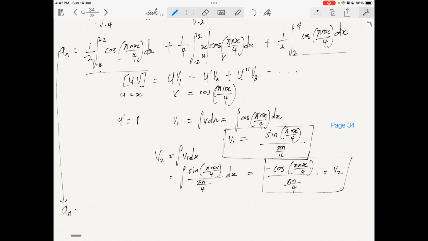So a_n will be equal to 1 over -2, and we are integrating cos(πnx/4), which, as we see here, will give us sin(πnx/4) divided by πn/4 from a limit of -4 to -2.